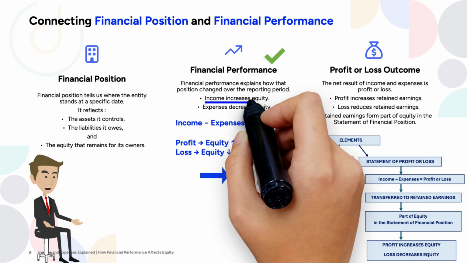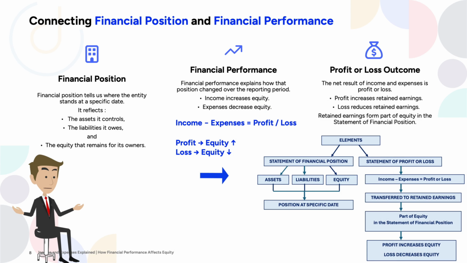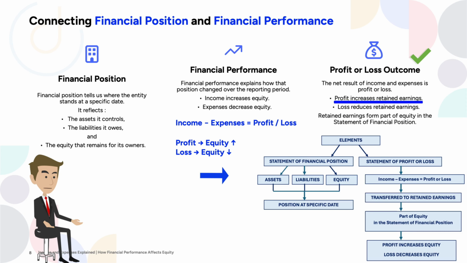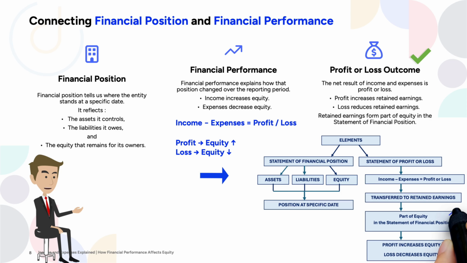Income increases equity. Expenses decrease equity. The net result of income and expenses is profit or loss. Profit increases retained earnings. Loss reduces retained earnings. Retained earnings form part of equity in the statement of financial position.